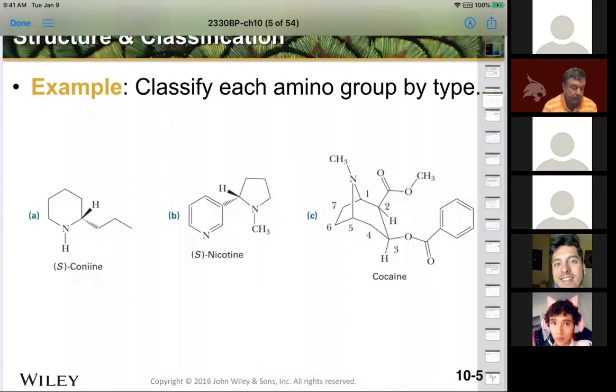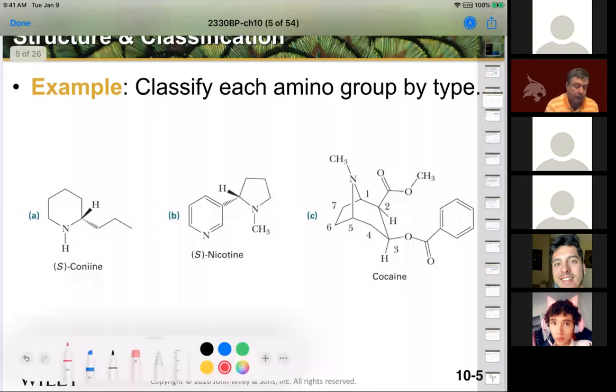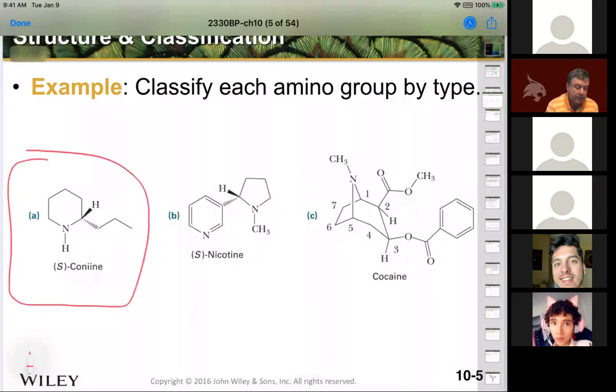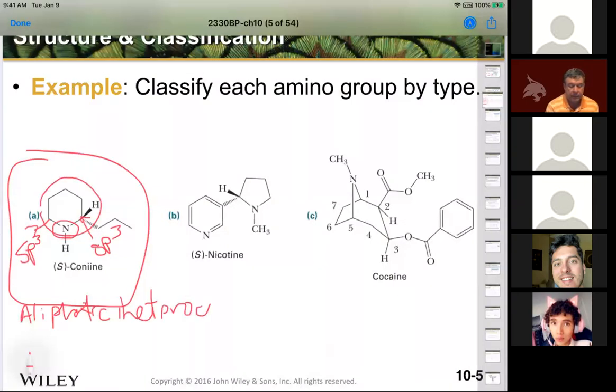So if we look at this first one here, we only have one nitrogen in here, so we have this nitrogen here, and it's bonded to an sp2 hybridized carbon, an sp3 hybridized carbon, which makes it aliphatic, an sp3 hybridized carbon, which makes it aliphatic, but it's still in a ring. So this makes it an aliphatic heterocyclic amine.